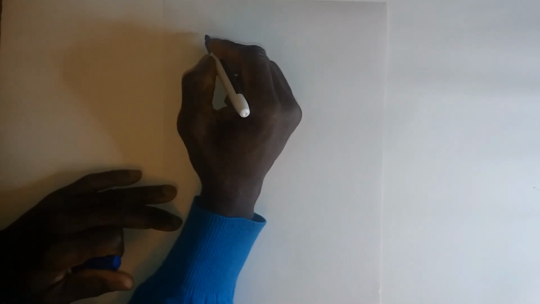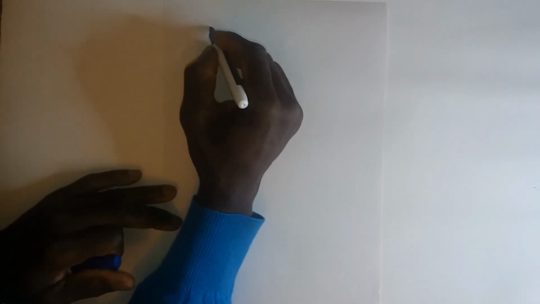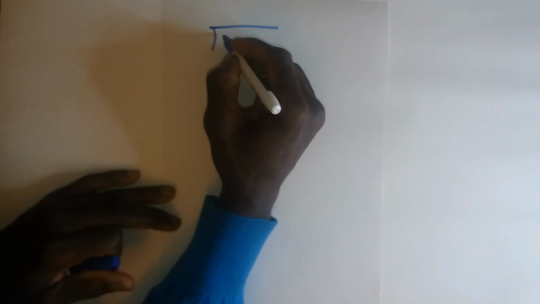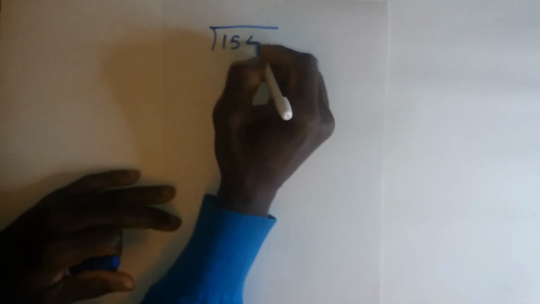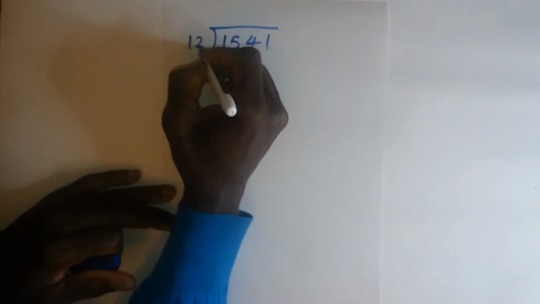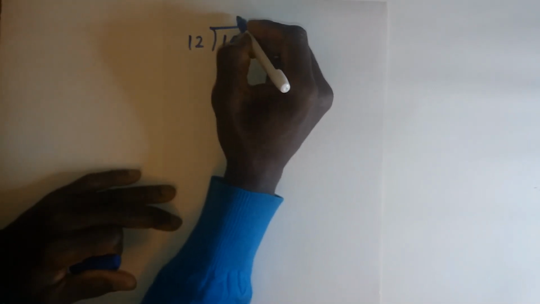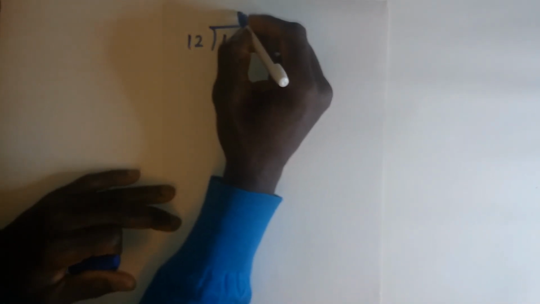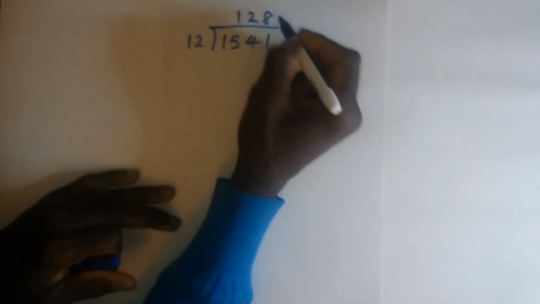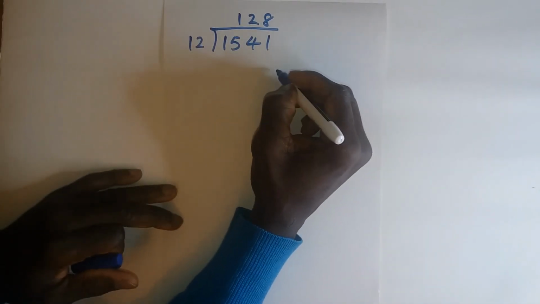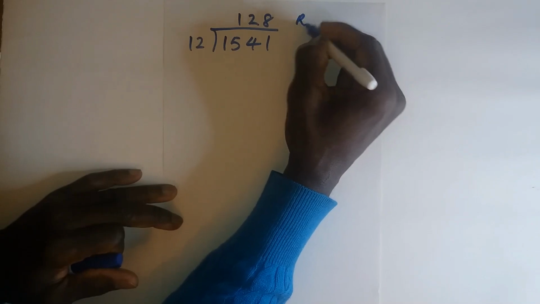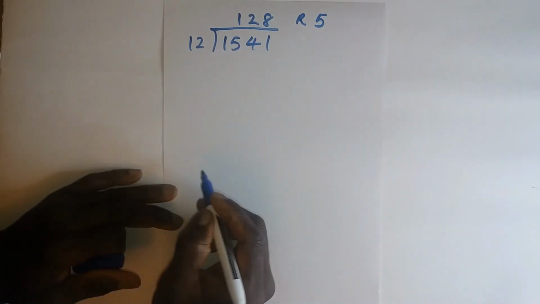Let me just recap the different parts. We have our example in our previous video was 1541 divided by 12. And our answer was 128, and we had a remainder of 5.